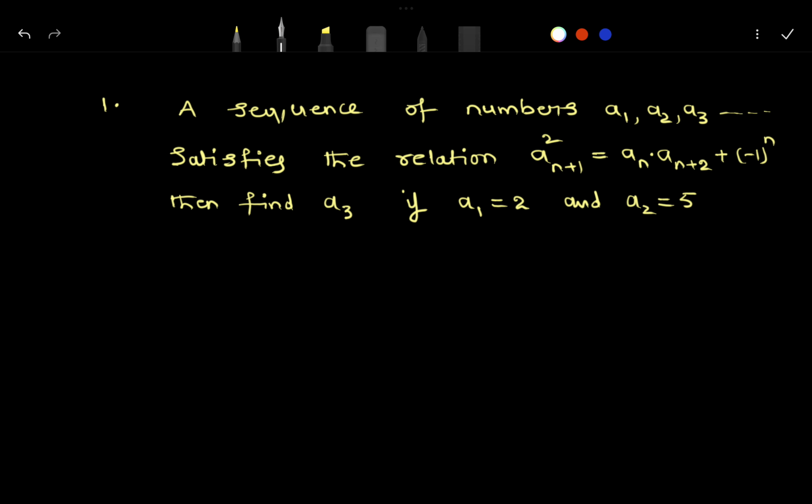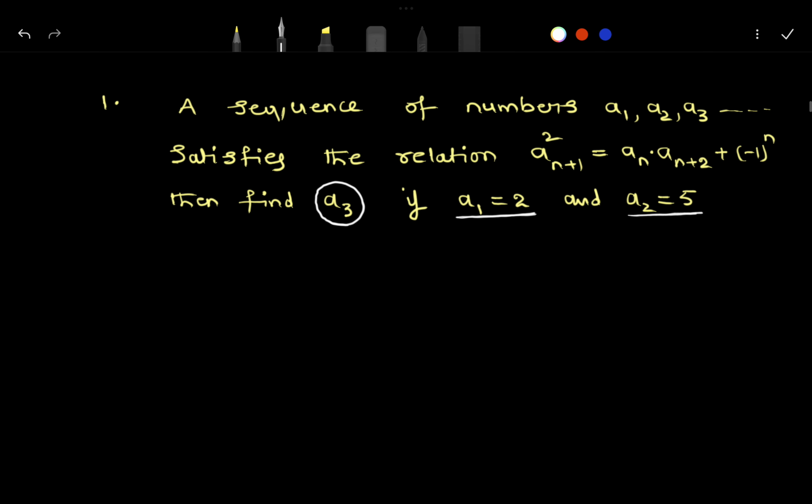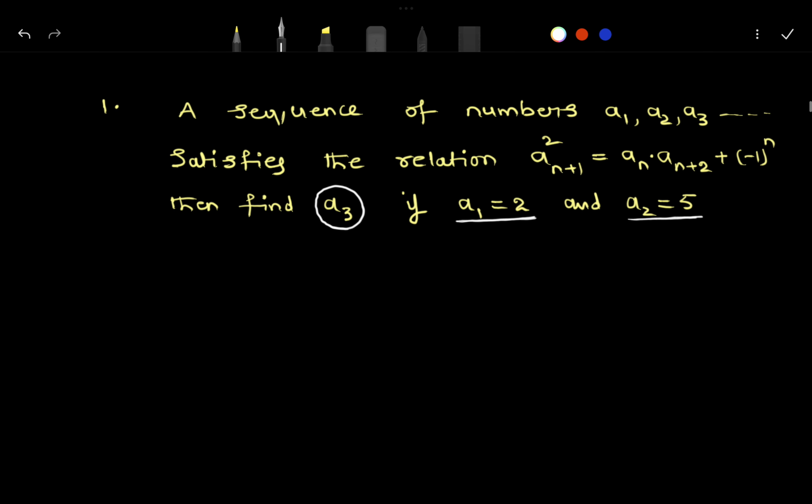We should find a3, that means you have to find the third term, when a1 is equal to 2 and a2 is equal to 5. So all of you see, this is one different model question.